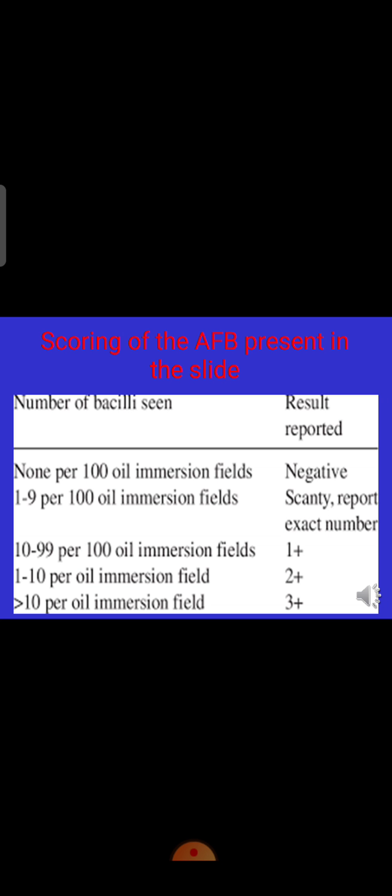So from this table, we look at the number of bacilli seen under the microscope and the result is reported according to it. If there are no acid-fast bacilli per 100 oil immersion fields, the result is reported as negative. But if there are 1 to 9 AFB per 100 oil immersion fields, the result is scanty and we report the exact number of AFB.